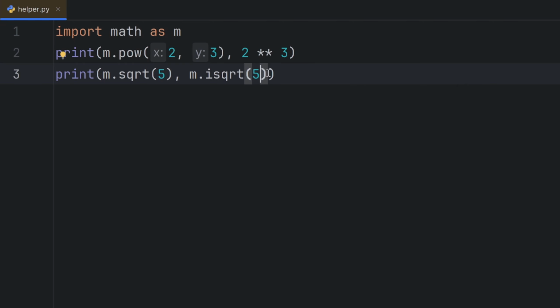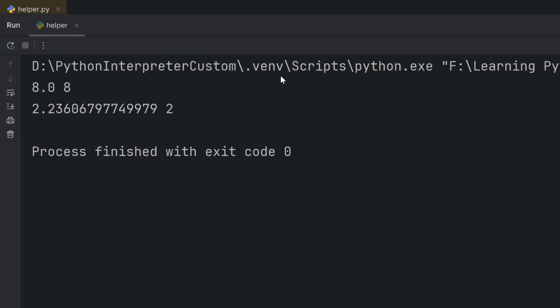So this should print 2. If I run this, as you can see, 2 to the power of 3 is 8, and 8. They printed the same. Square root of 5 is 2.36, but the isqrt rounded this, converted this number into an integer, which is 2.